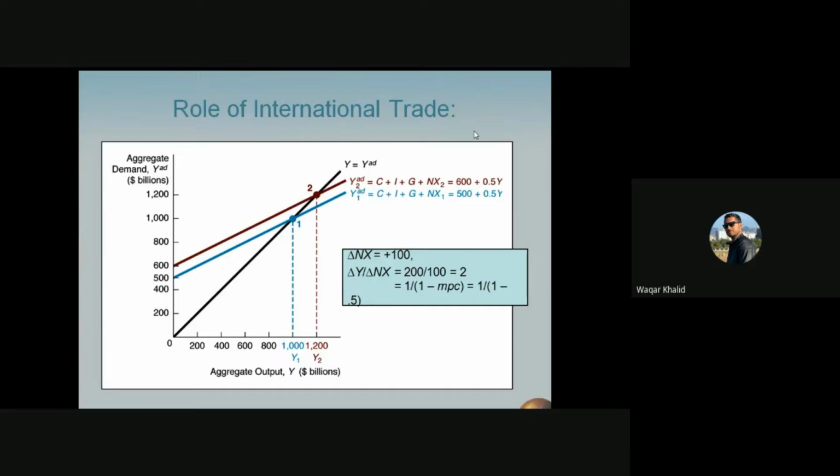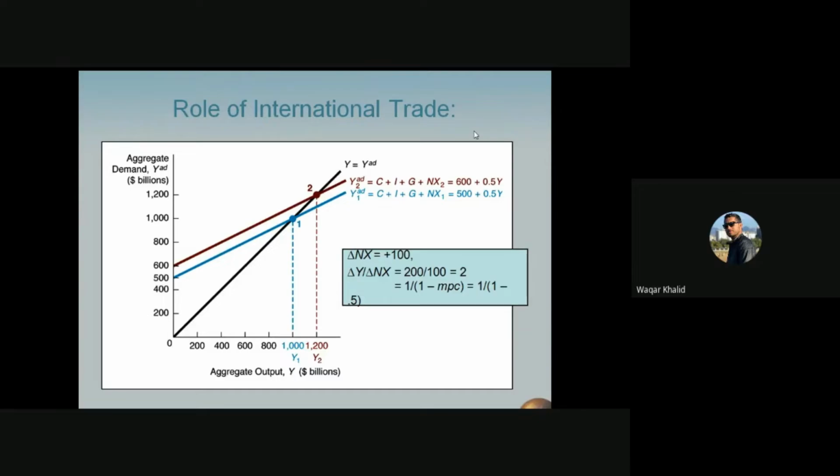It means that the value of net exports has increased by $100 billion. The $100 billion increase in net exports adds directly to aggregate demand and shifts the aggregate demand function upward from Y1AD to Y2AD.